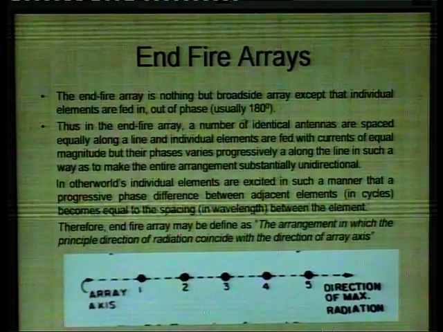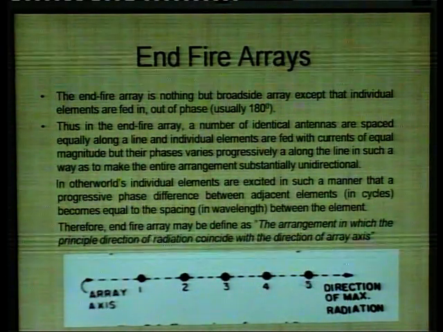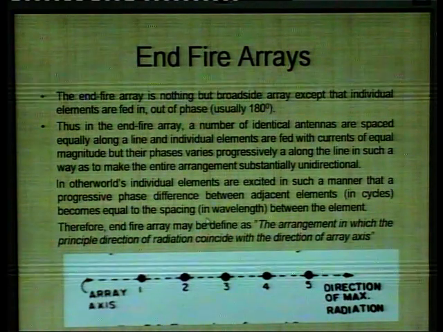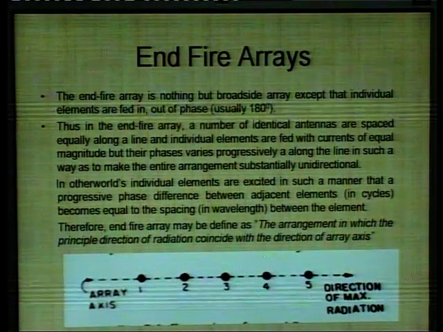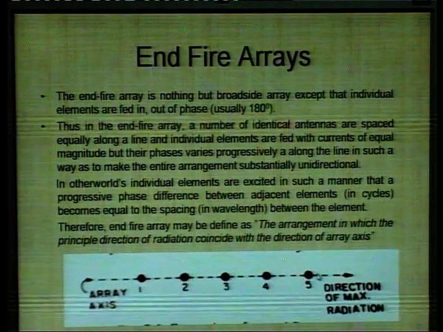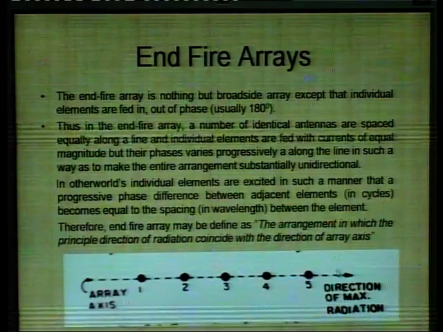In a broadside array, the principal direction of radiation is perpendicular to the array axis, but in an end fire array, the principal direction of radiation coincides with the array axis.